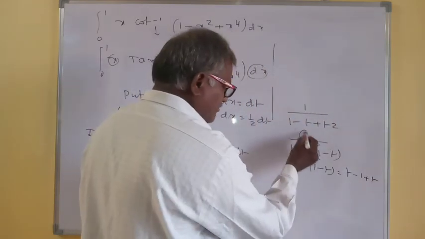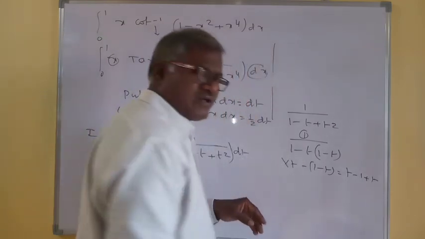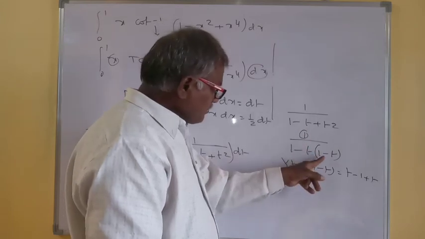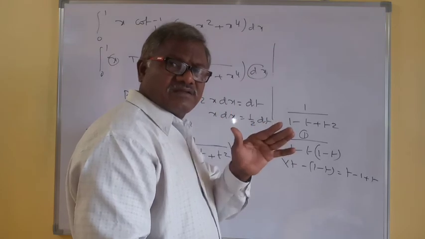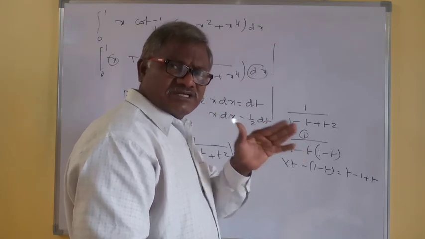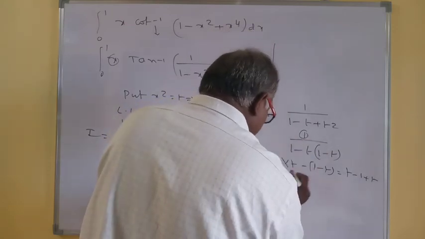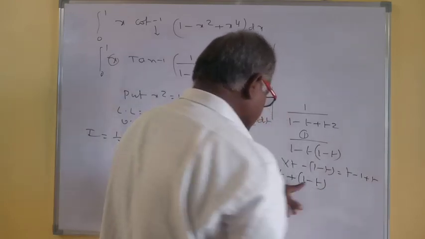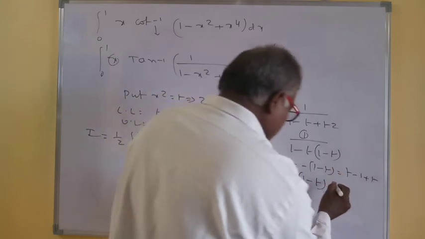The numerator 1 is there, so this is not the correct way. With the help of this one I have to rewrite 1 so that the value doesn't alter; it is unchanged. So you can write t plus 1 minus t, since t minus t gets cancelled and this is 1.